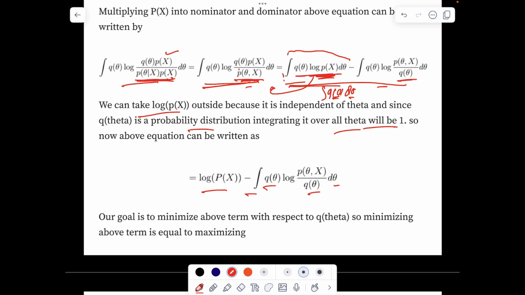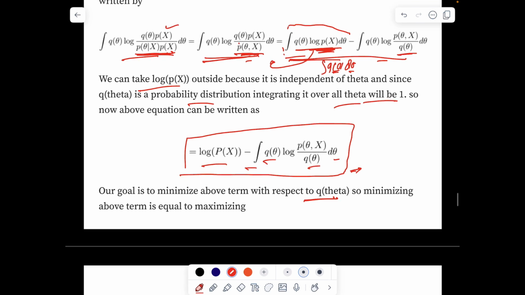Now our goal is to minimize the above term, because this is the KL divergence distance. We have to minimize it with respect to q(theta). We need to find a q(theta) that will minimize this term.